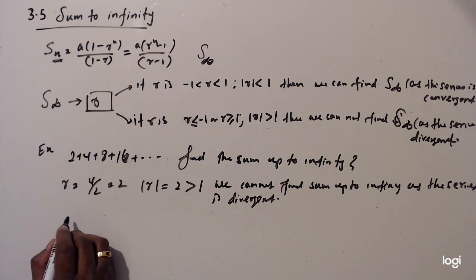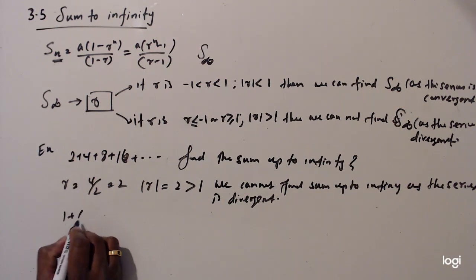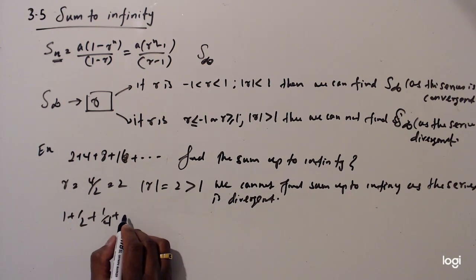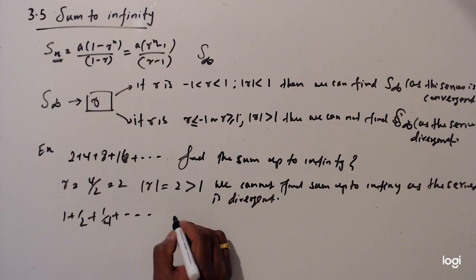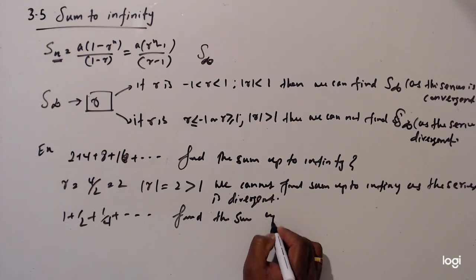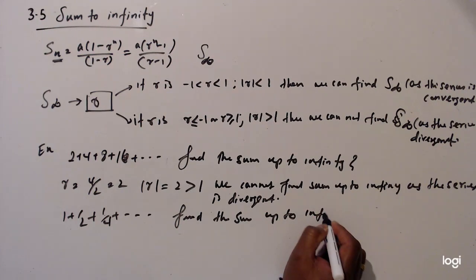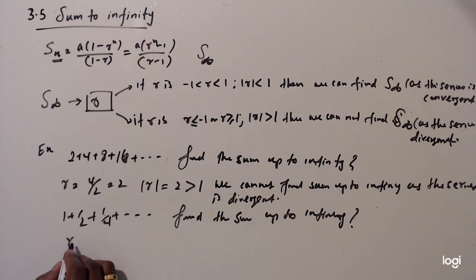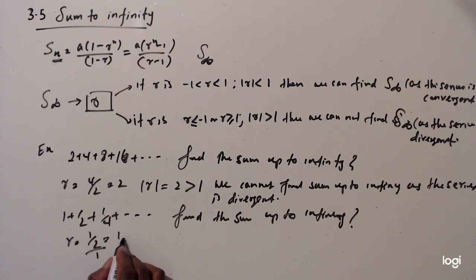And let's consider this one: 1 plus half plus 1 over 4 plus and so on. Find the sum up to infinity. So r is half divided by 1, that is half.